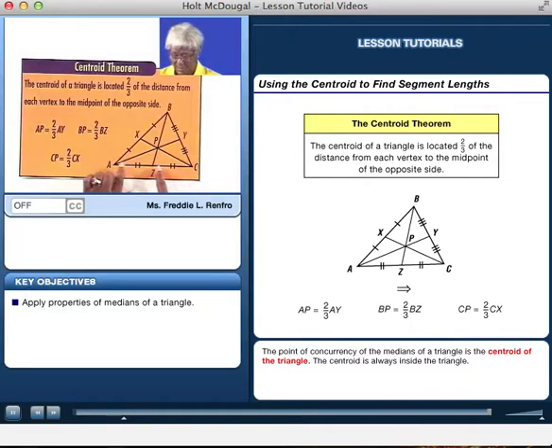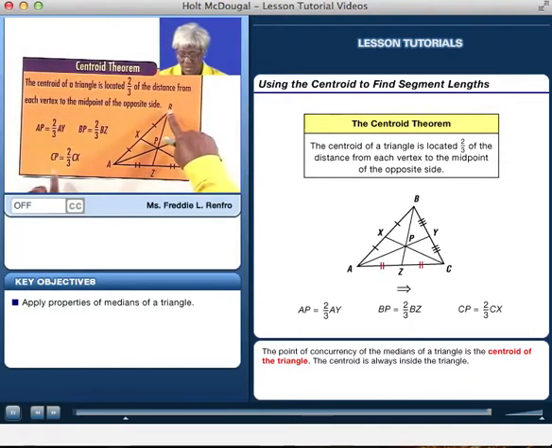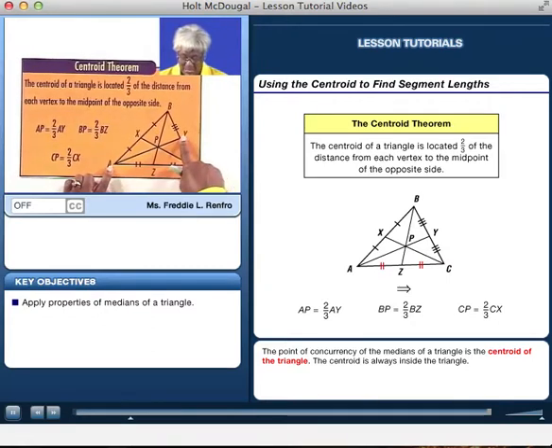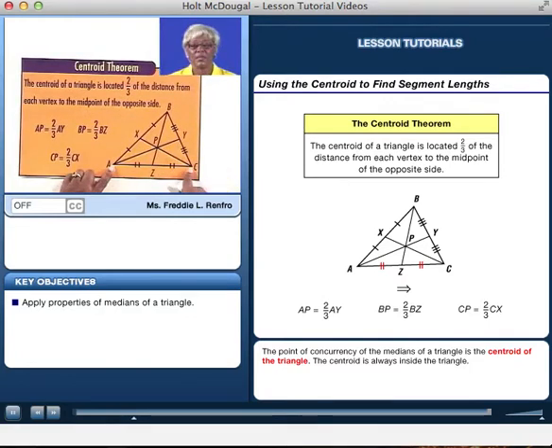Notice these two segments are equal. When you have this median, segment AY, this median, segment CX, and this median, segment BZ, notice they are intersecting at point P. This point is called the centroid.